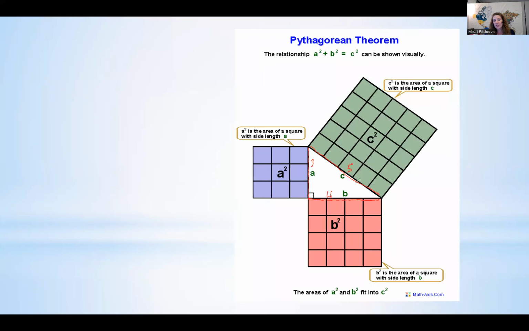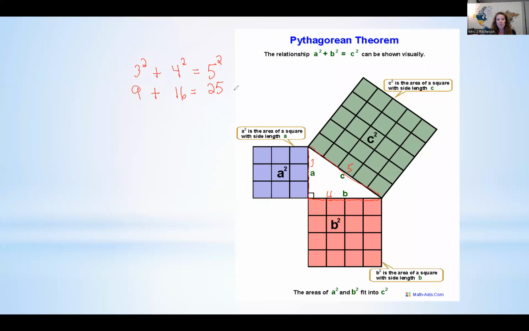So 3 squared plus 4 squared is equal to 5 squared, and that's true. 3 squared is 9. 4 squared is 16. There's 16 little boxes in this perfect square. And 9 plus 16 is 25.